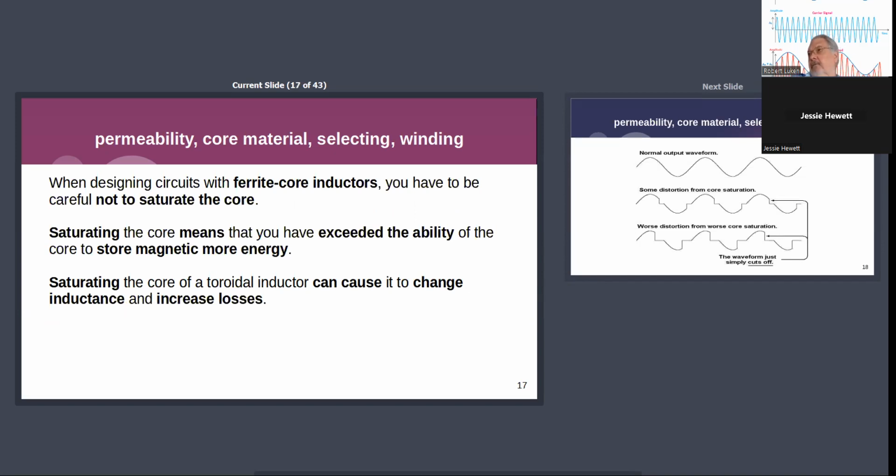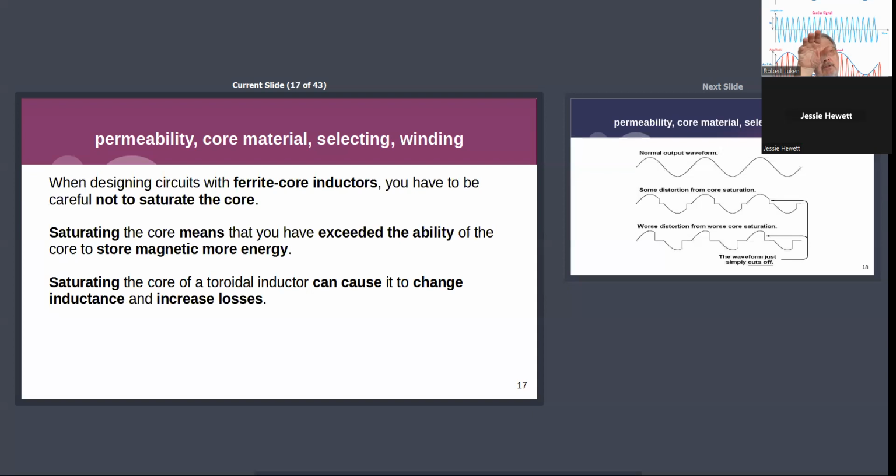One of the things you've got to watch out for, and we talked about, is you've got to design circuits so that you're not going to saturate the core. When you do that, it stops creating additional magnetic flux. As you run current through the coil, the more current, the more the magnetic field builds up and the more energy you store.